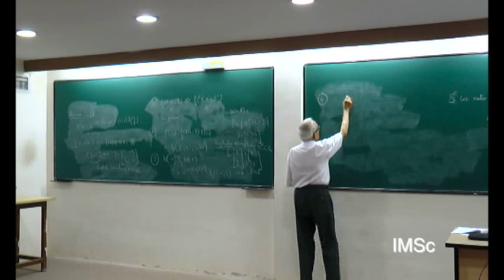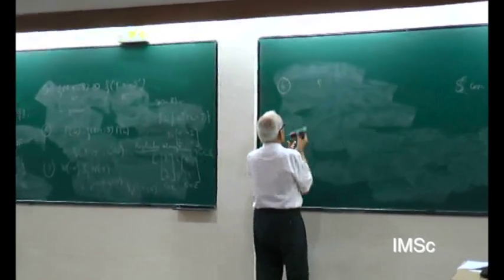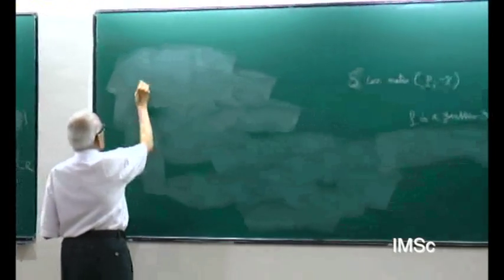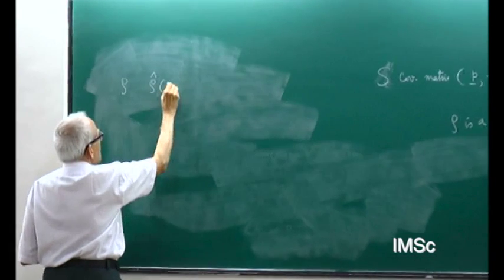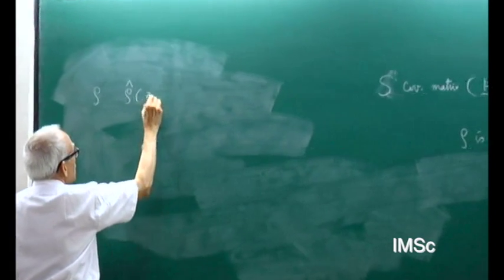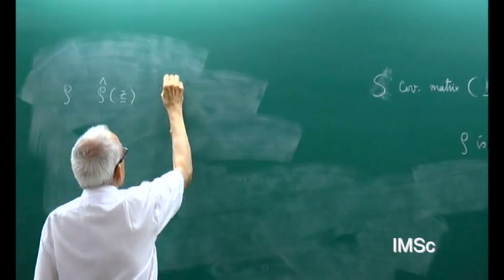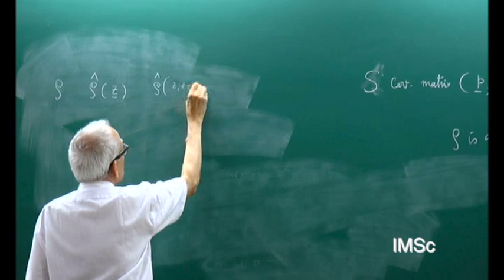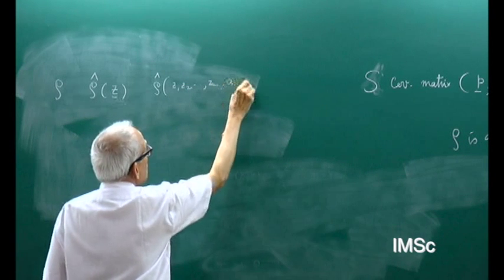Now suppose I take rho G, a general remark before going to the fourth property. For a state rho, you consider the Fourier transform, and then you look at rho hat of Z1, Z2, etc., Zm, and then you put 0, 0, 0.